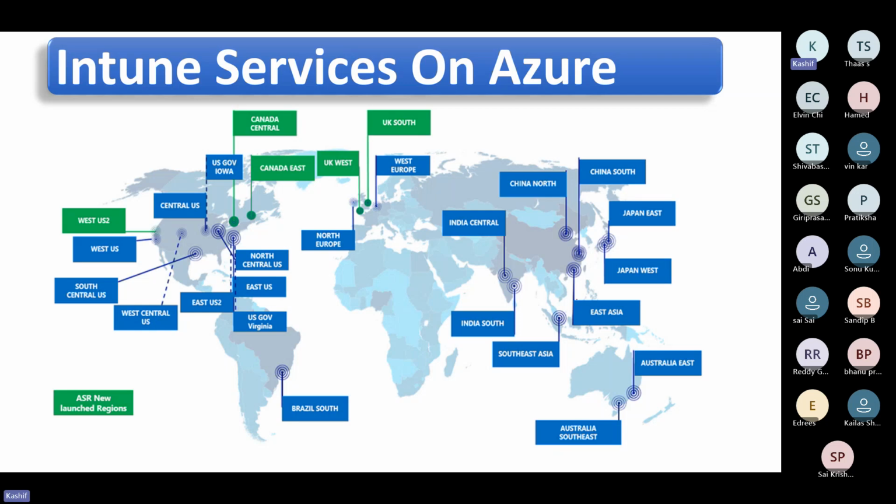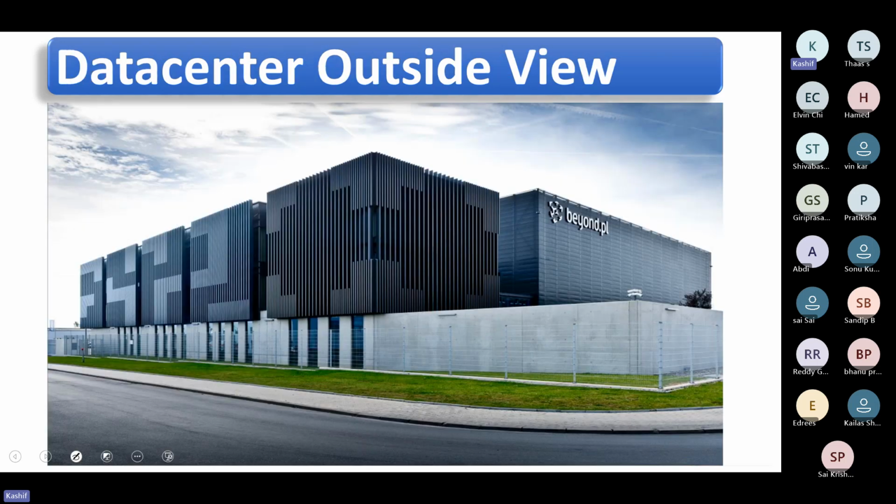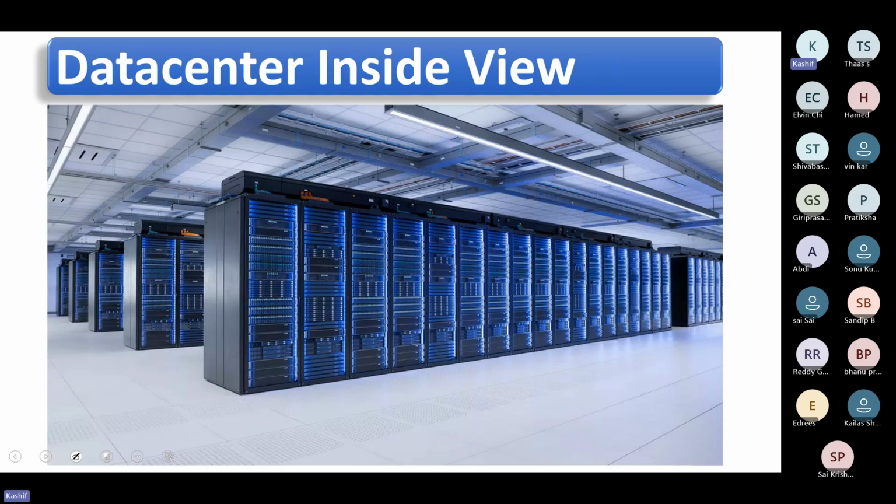Azure Cloud Data Centers are located in more than 60 countries now. Okay, wherever you go, you will find an Azure Cloud Data Center. And Intune services are running on the Azure Cloud Data Center itself. So this is the outside view of the data center. This is the inside view of the data center, right?